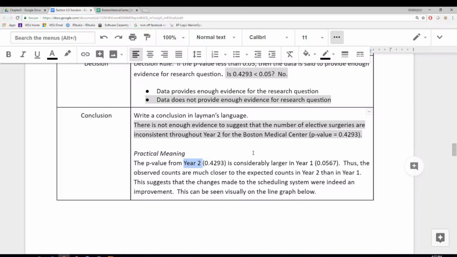And when I'm really far out to the right-hand side, I have a smaller p-value because I don't have very many dots as extreme or more extreme than that. So in year 1, I was more extreme than I was in year 2. All right, so this suggests that the changes that were made to the scheduling system were indeed an improvement.